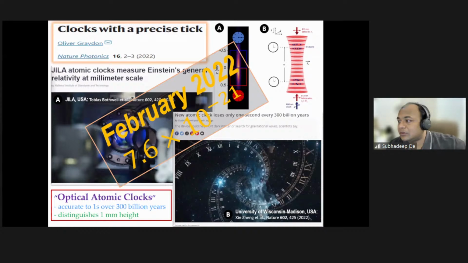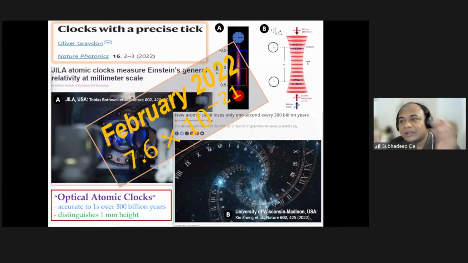Sorry, let me just go back to here. In February 2022, the most accurate clock reported has an accuracy of 7.6 times 10 to the power minus 21. So that means using these two clocks, one can measure the height difference at an accuracy level of sub-millimeter. So for two clocks at two different heights separated by even less than 1 millimeter, the tick rates will be different, and that can be measured very accurately.